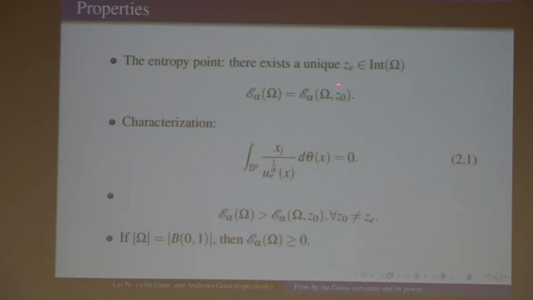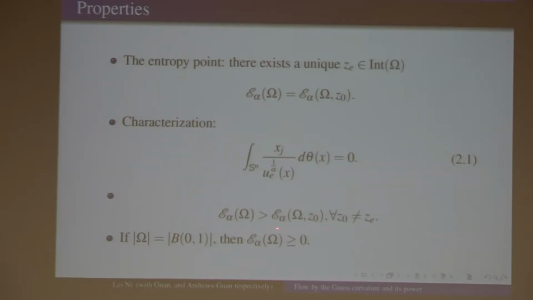Also you can prove that the maximum can be attained in the interior. And it's unique, and the point can be uniquely characterized. The point where the maximum is attained satisfies this Lagrangian equation, and it's strictly unique.